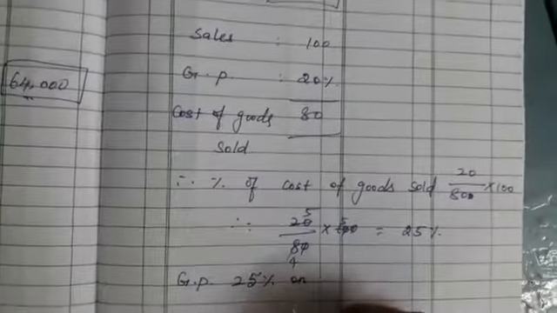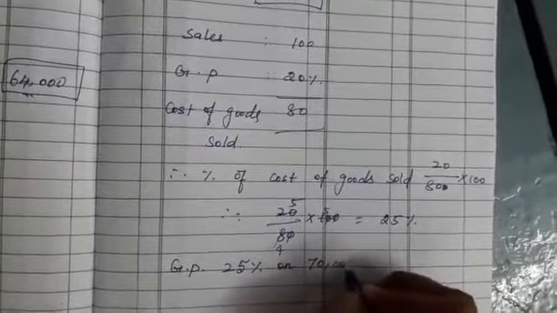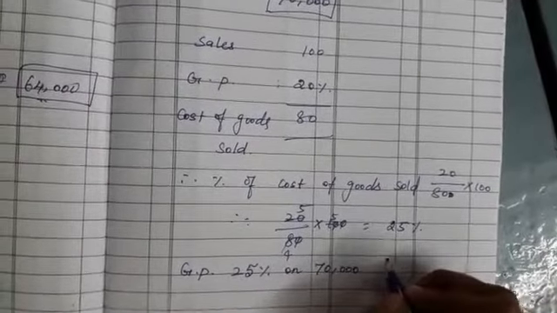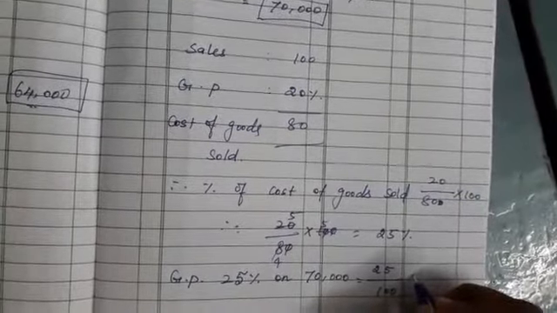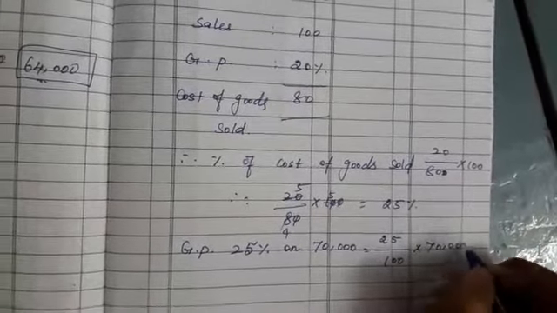So 25 divided by 100 into 70,000, the cost of goods sold.